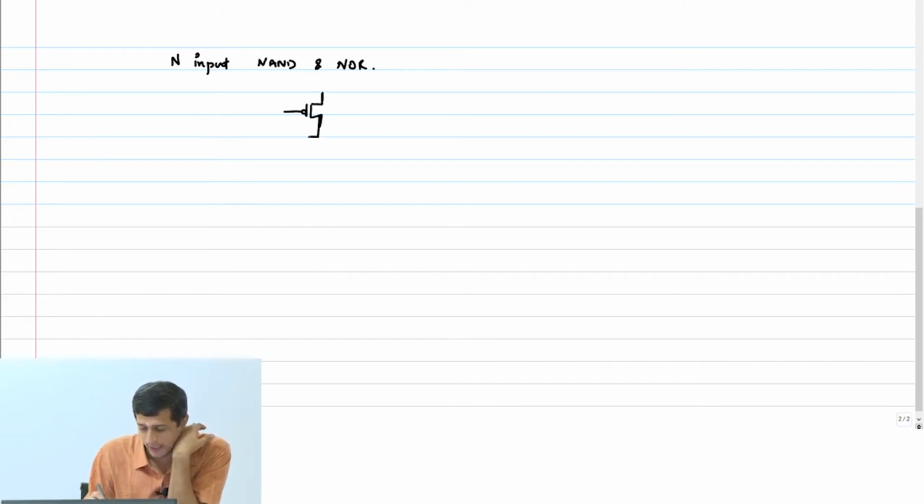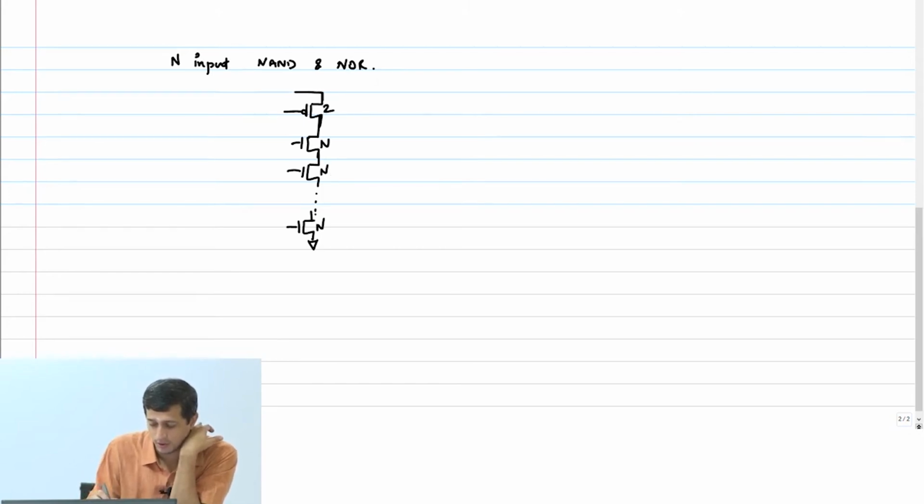So if you take a NAND, you have NMOS transistors on the stack. Size is N, N, N, and PMOS is all 2. Like that you go.